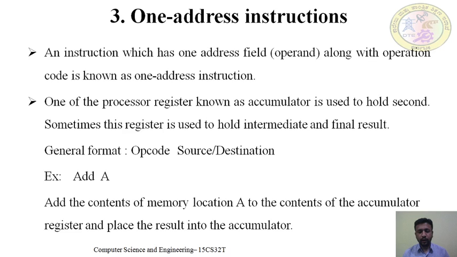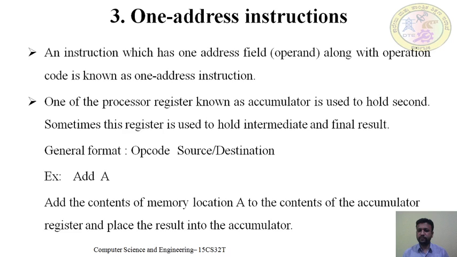If the operand is source, then the destination should be some other thing. Here when the operand is source, the destination is the accumulator. When the operand is destination, then the accumulator is the source.